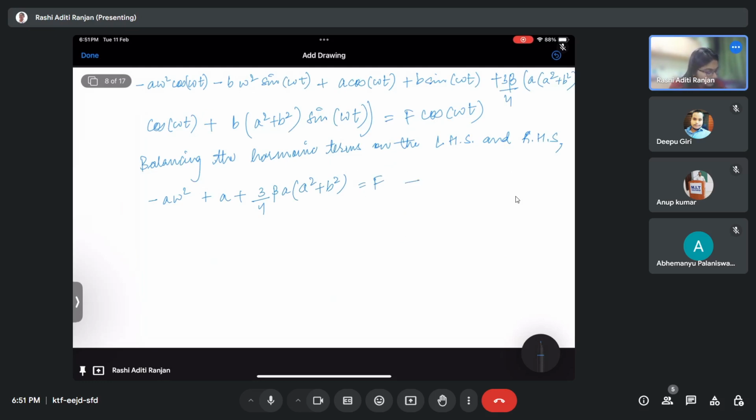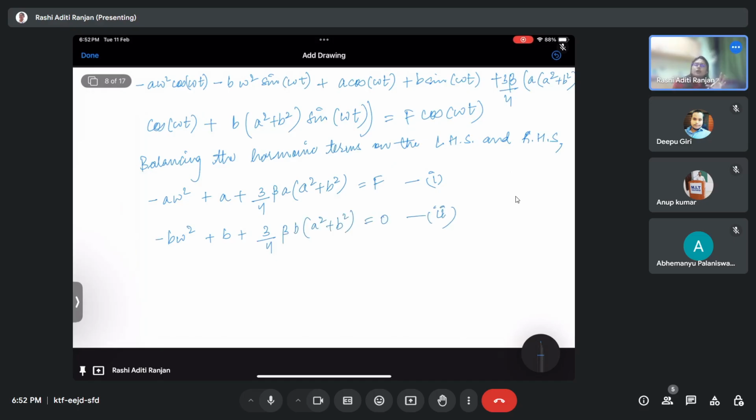This is my first equation. Then I will balance the sine omega t terms. Then I'll get minus b omega square plus b plus 3 by 4 beta b times a square plus b square equals 0. This is my second equation.